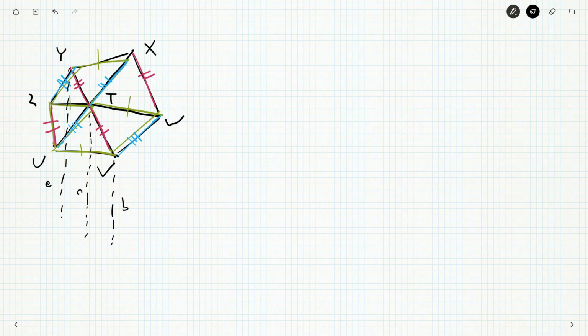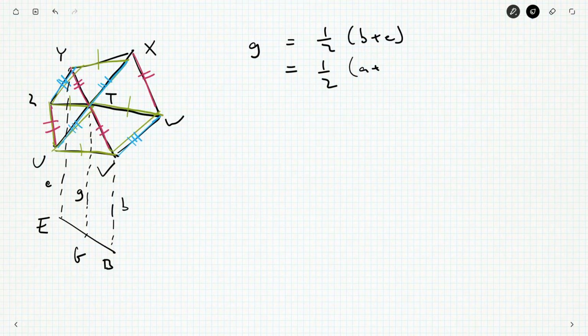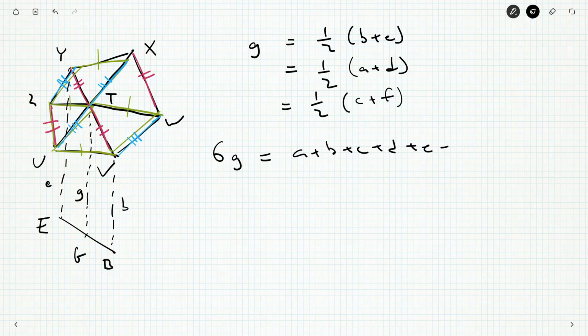That's E. We'll call this G. So that means that my length GT is going to be 1/2 B plus E. But by the same token, it's also 1/2 A plus D. And it's also 1/2 C plus F. That is to say, 6G, if I multiply all these by 2, is going to be the same as A plus B plus C plus D plus E plus F. And that's the thing I want to maximize.